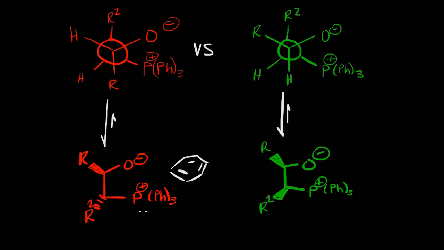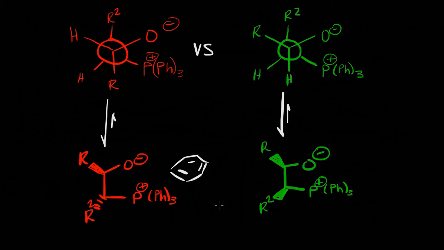So that's saying that you have a lot of bulk around one area. And so if you have these two R groups that are trans to each other, there's going to be a high probability that it's going to be higher in energy because the triphenyl phosphine, specifically the benzene parts of it, are going to be hitting whatever this R group is.